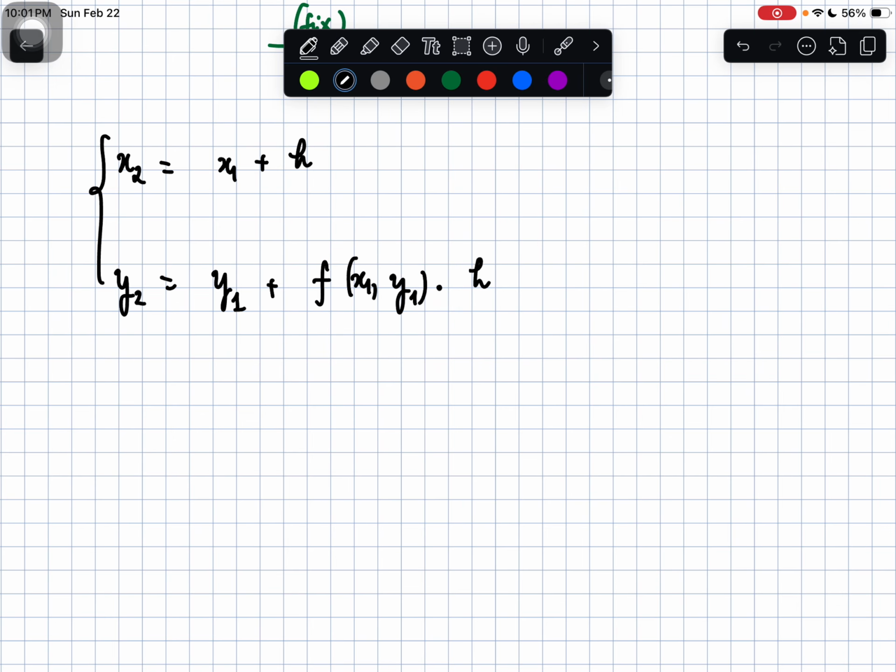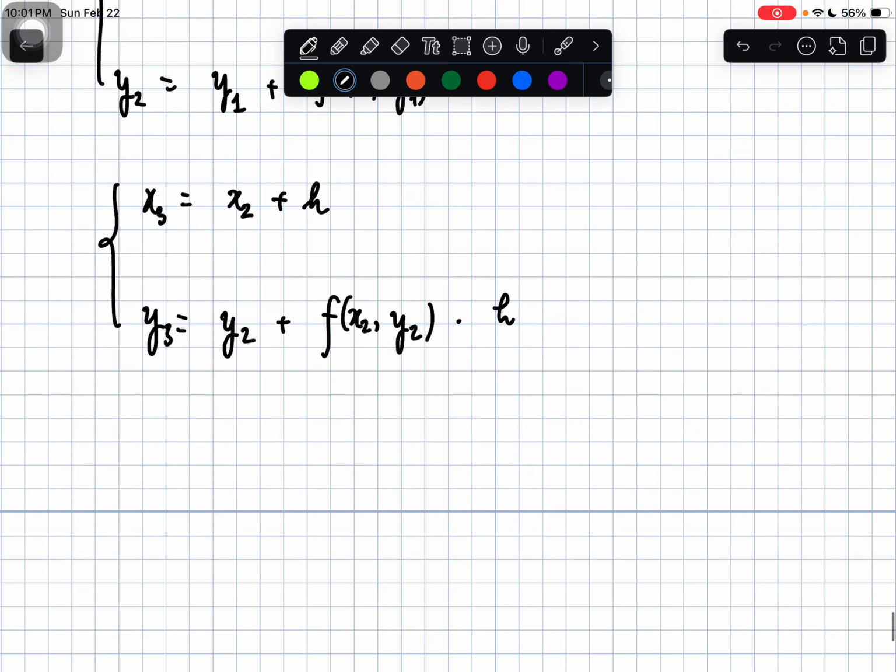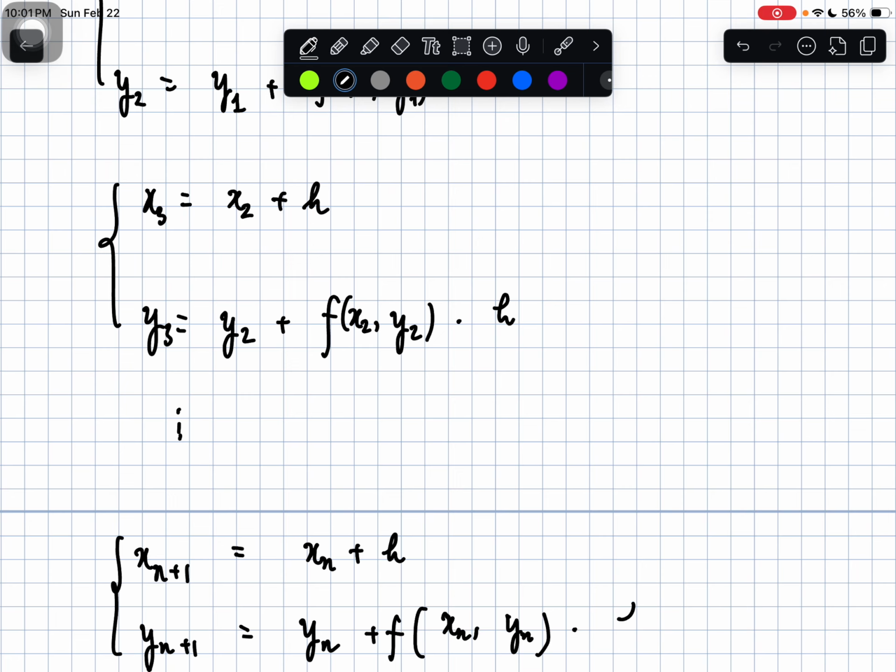So here I do more. x3 is x2 plus h, y3 is y2 plus f(x2, y2) times h, and then we have x(n+1) equals xn plus h, y(n+1) equals yn plus f(xn, yn) times h.